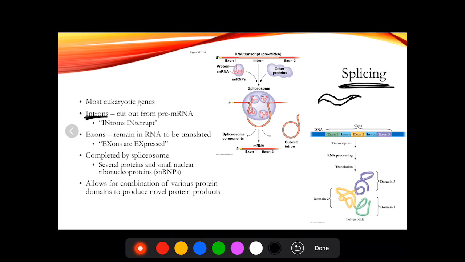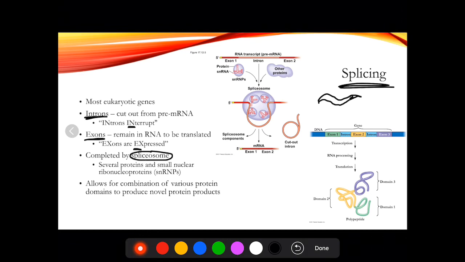The introns are the parts that interrupt, and the exons are the parts that get re-spliced together and expressed. Those big chunks of mRNA get cut out, thrown out, not used, and that allows your genes to make all kinds of proteins.